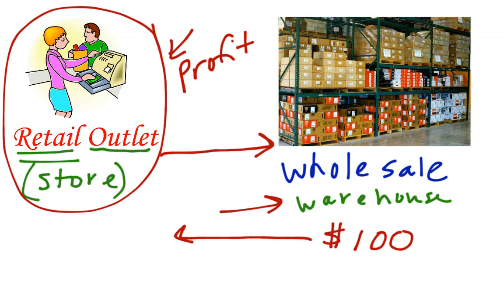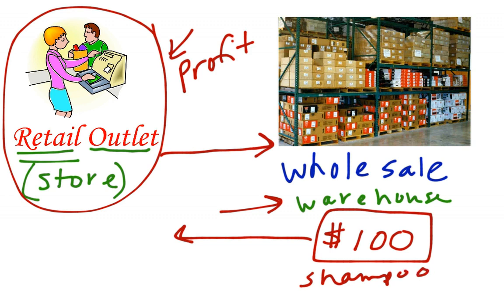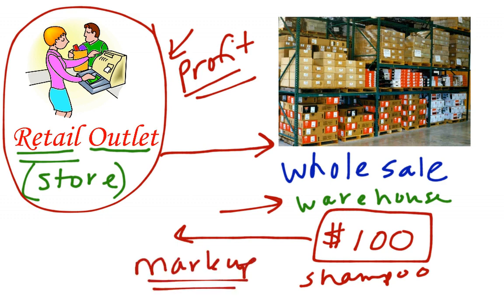So profit is a way to make money, and the way you make profit is, if I paid $100 for some shampoo, let's say I'm a beauty supply store, I paid $100 for a case of shampoo. When I get back to my store, I'm not going to charge my customers $100 because then I won't make a profit. I'm going to charge them some amount over and above what I paid, and that's what's called a markup.